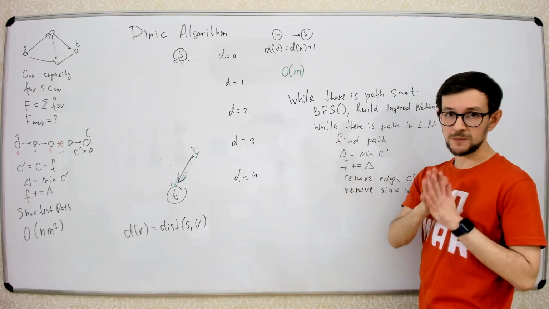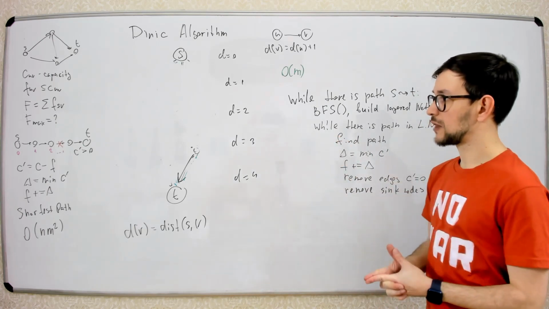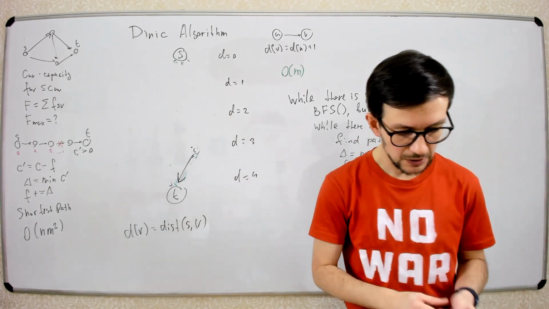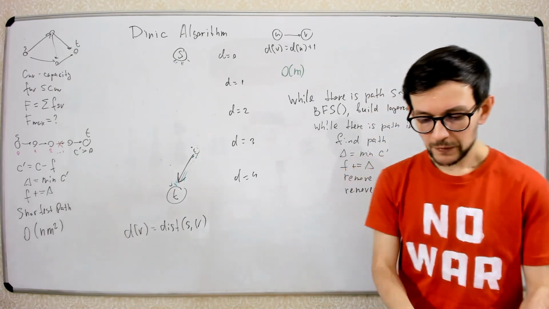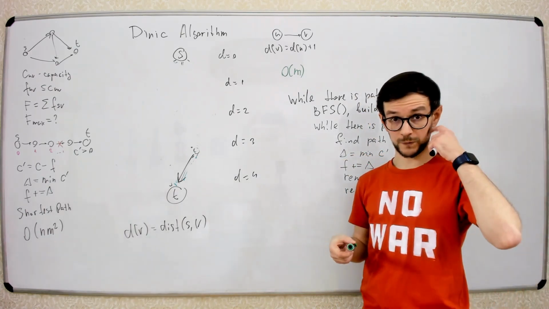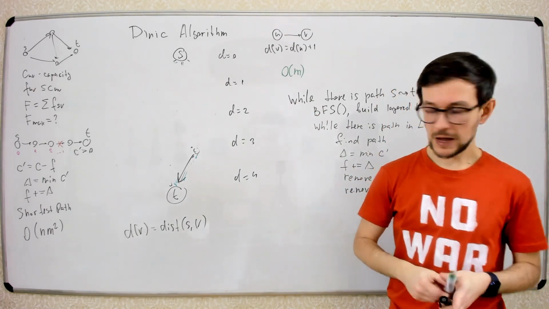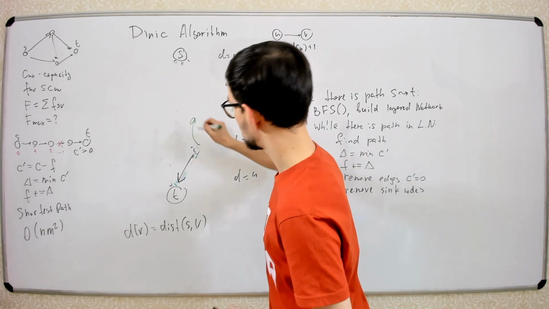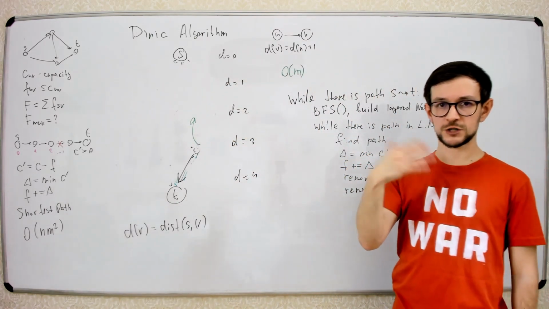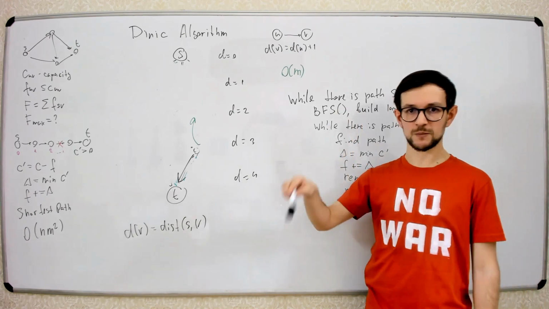We will not miss any path in the layered network, because any path of length 4 must contain these edges. So again, let's repeat this. What will happen when you find a path and push a flow through this path? You will remove some edges on this path, and you will add some edges reversed on this path. So the changes to the residual network will be like this: you remove some edges going forward, and you add some edges going backwards.